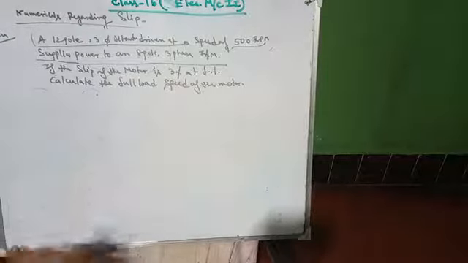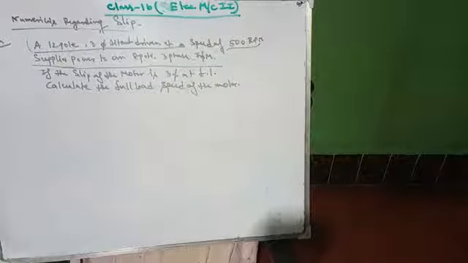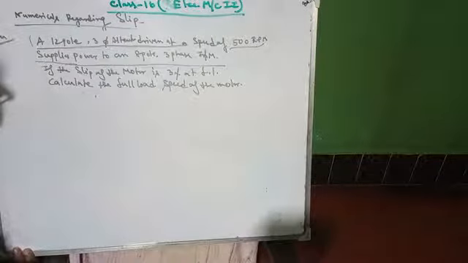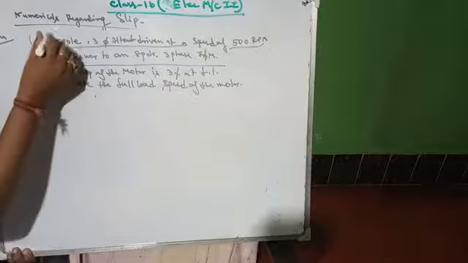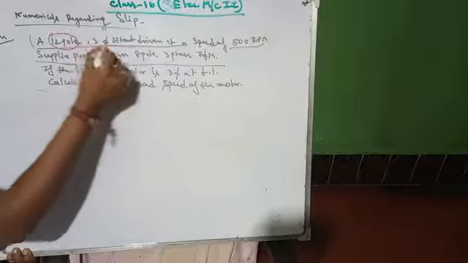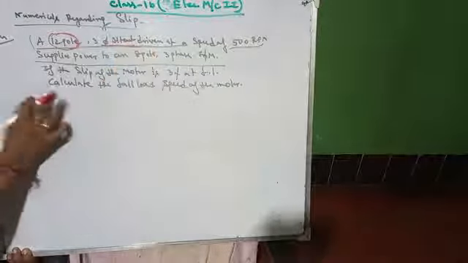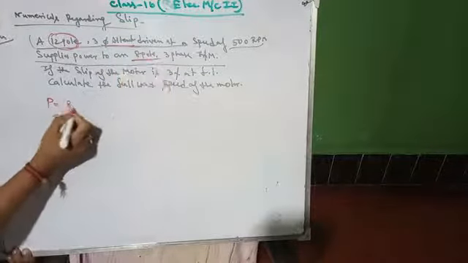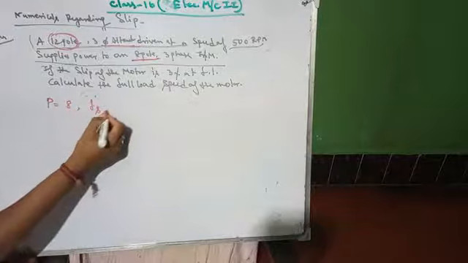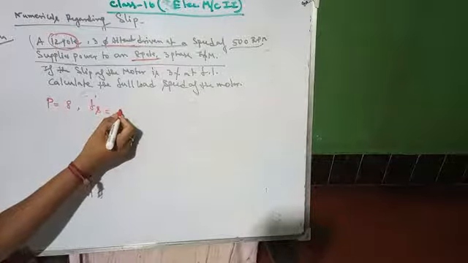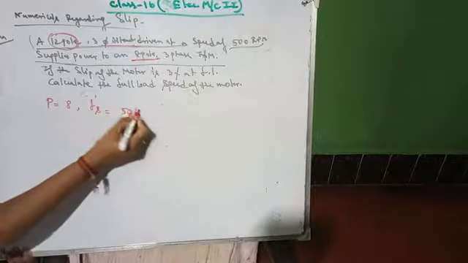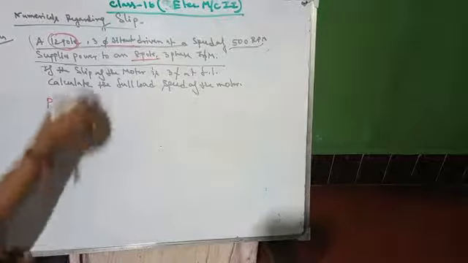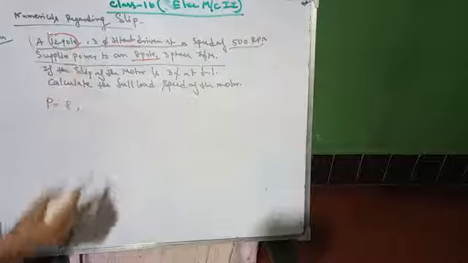So here basically you have to first find the Ns. So what is the Ns? Everyone will make this mistake. This 12 pole is for the alternator. So P equals 8 poles over here, and Fs equals 50 Hz, which you have to first find from this concept.